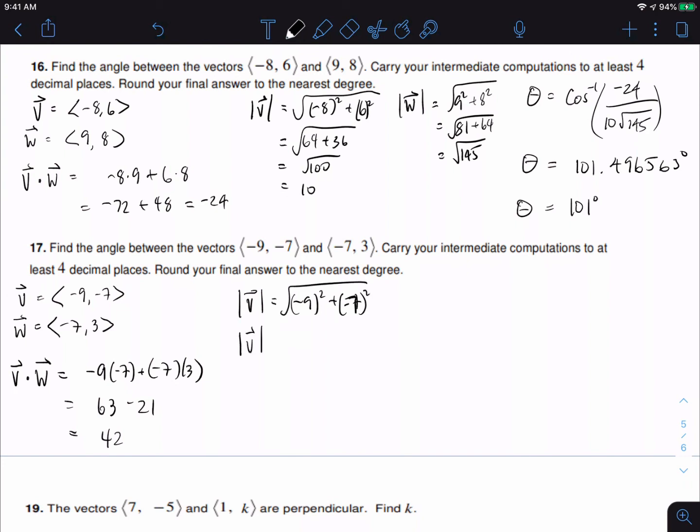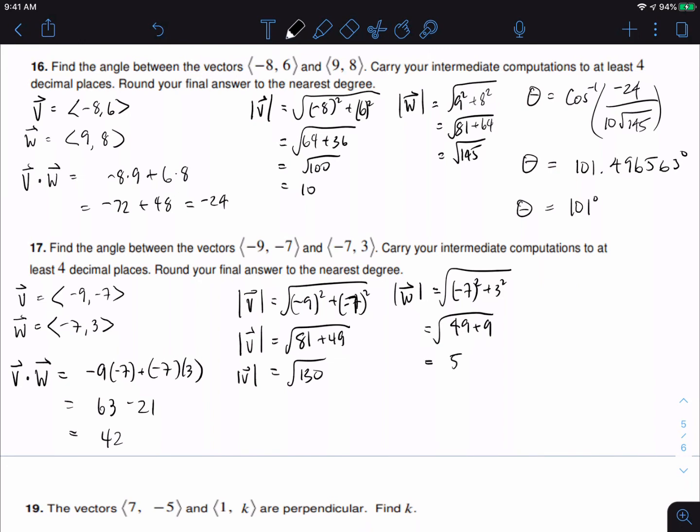So that's going to give me 81 plus 49, square rooted, which is the square root of 130. Yep, okay, good. W's magnitude is going to be the square root of negative 7 squared plus 3 squared, 49 plus 9, and that will give me the square root of 58. Yes?